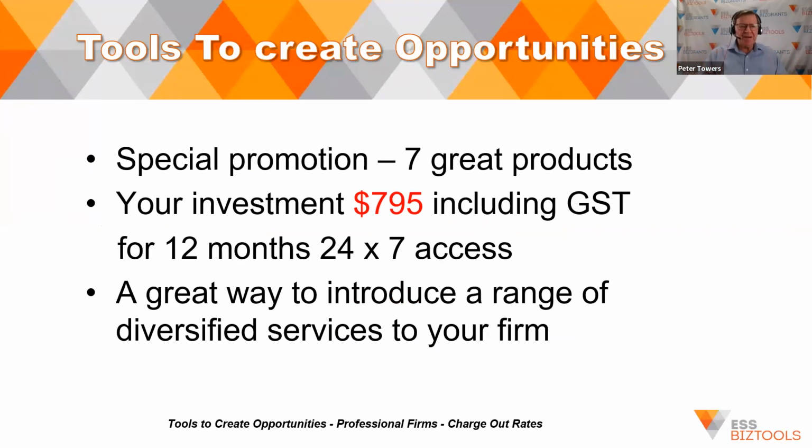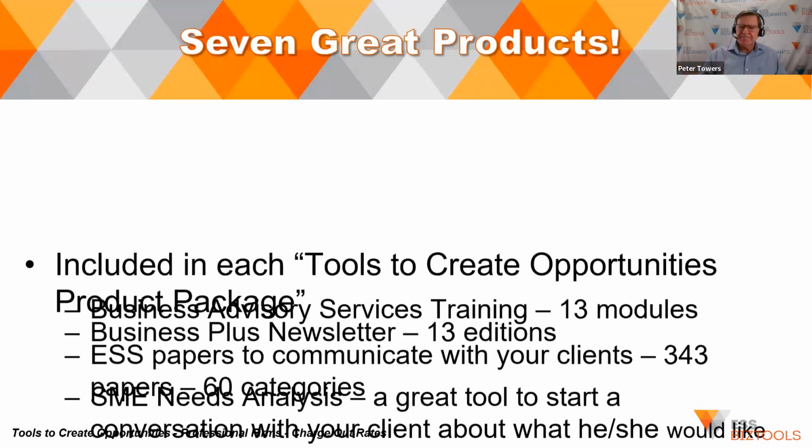So we've got 7 great products. Your investment is only $795. It's an upfront payment, based on a 50% discount. So $795, which includes GST. You get 12 months, 24/7 access. This is a great way to introduce business advisory services to your clients.